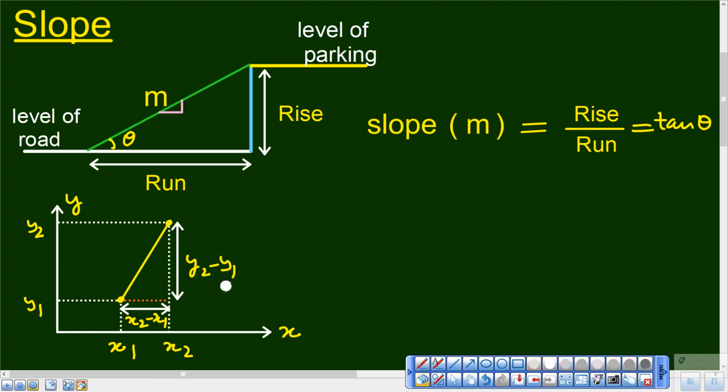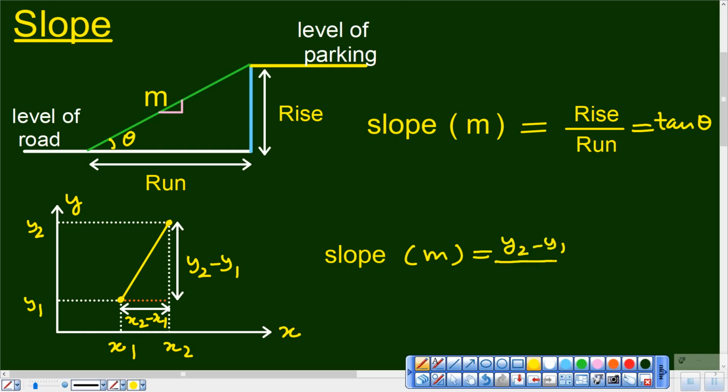If I take the ratio of the two, that is rise upon run, then I get the slope. The slope here, which is shown by the symbol m, is nothing but rise upon run, which is y2 minus y1 upon x2 minus x1.